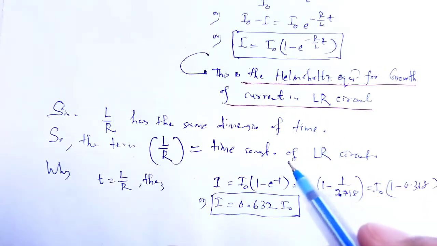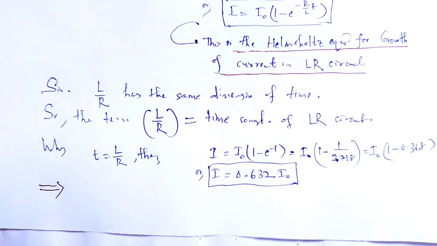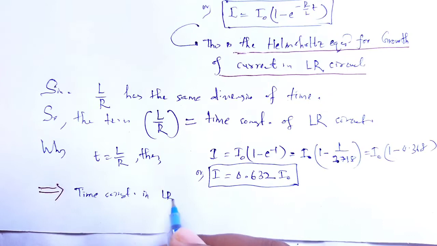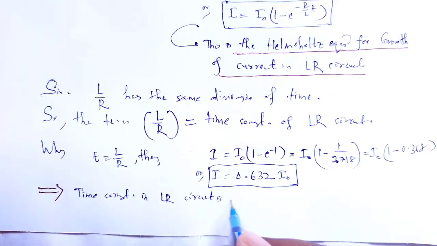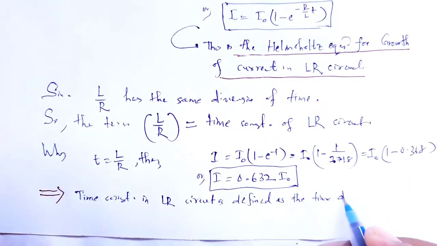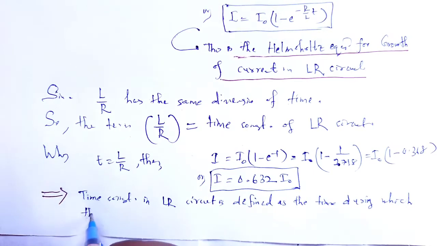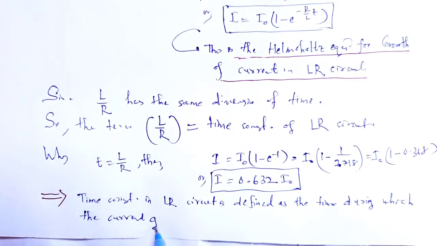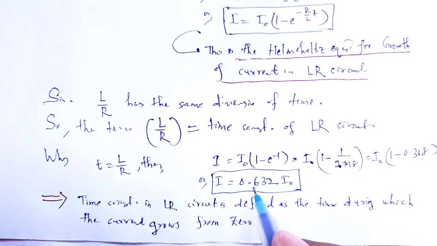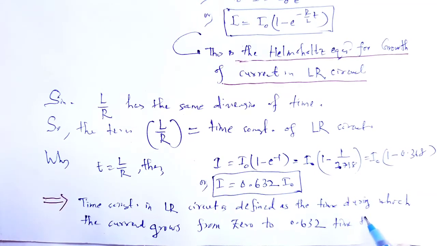So here we define the time constant. Thus time constant in LR circuit is defined as the time during which the current grows from 0 to 0.632 times the maximum value.